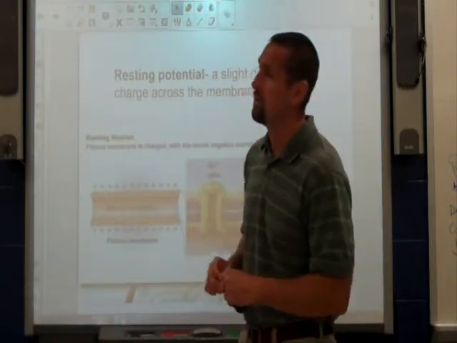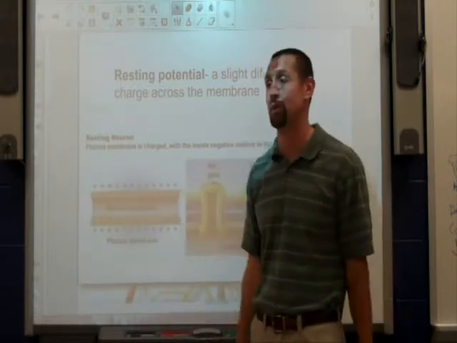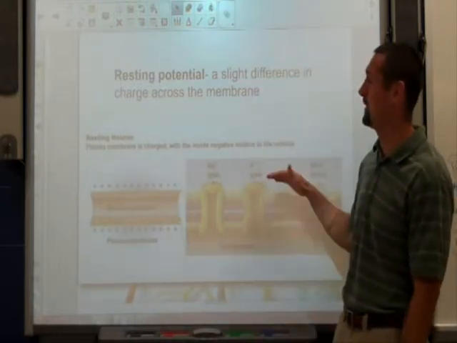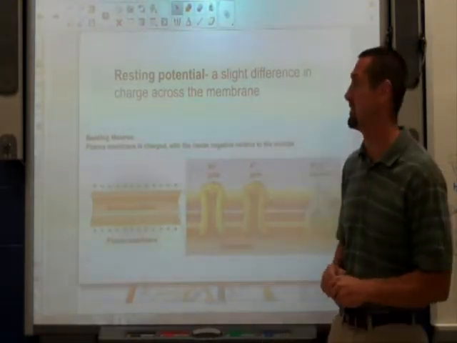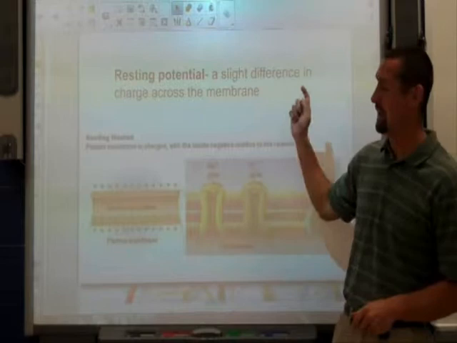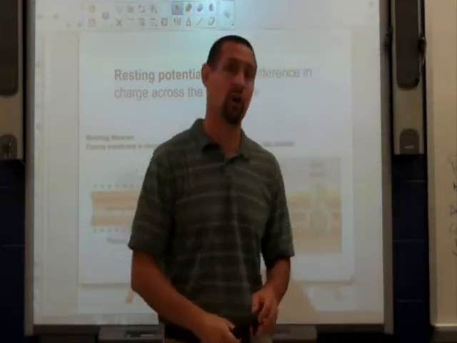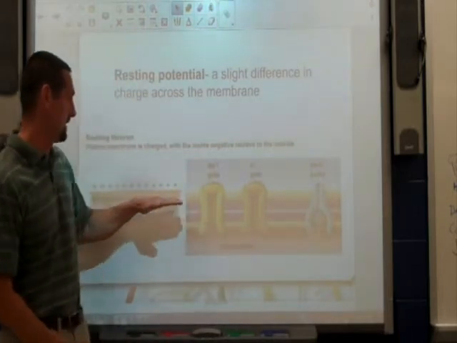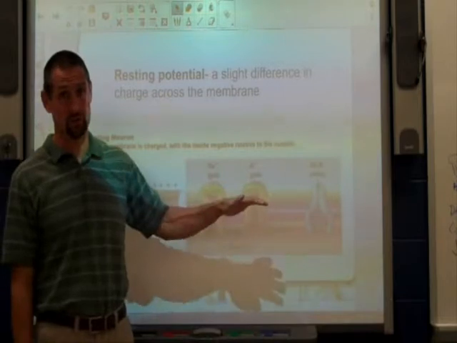So to start, we need to understand a little bit about just how nerves are normally. A normal nerve, just doing nothing, has what's called a resting potential. Now this is a slight electrical difference across the membrane. On the outside of the nerve cell, there tends to be an overall positive charge.